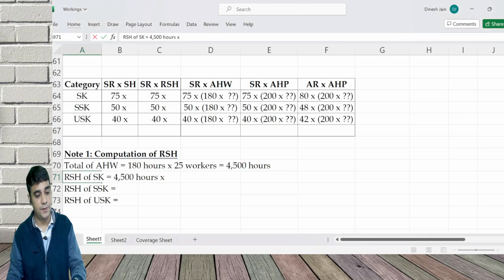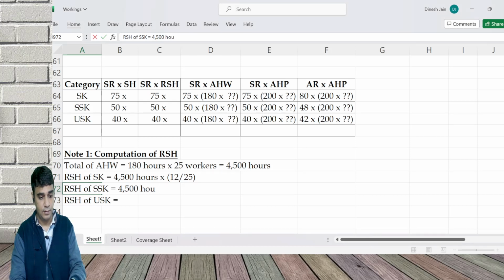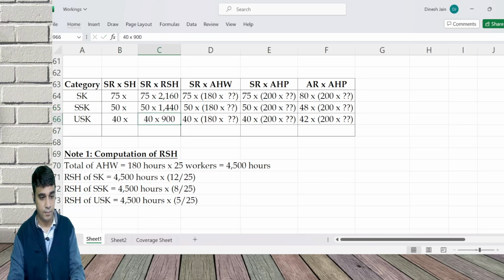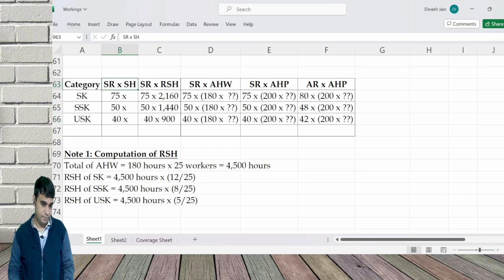So let me split in the ratio of 12, 8 and 5 into 12 by 25, into 8 by 25, 5 by 25. Only thing which is stuck as of now is AHW and AHP. RSH we have got.